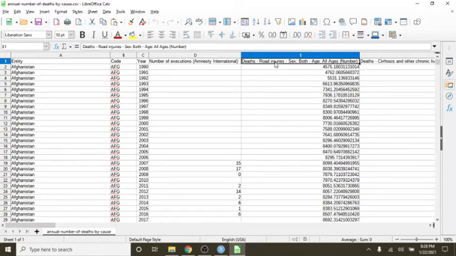Road injuries. I'm not really sure how concerned we are about that.